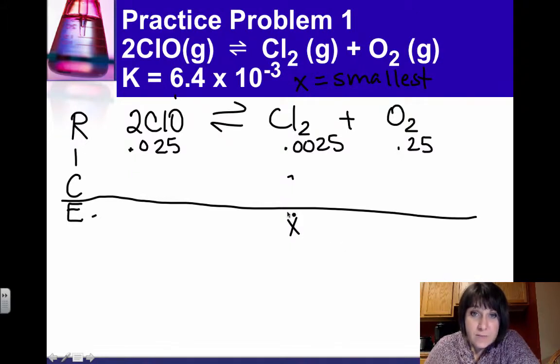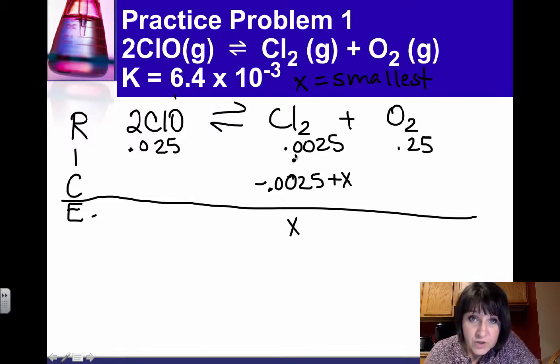So that means if I have negative 0.0025 plus x for my change, then I'm going to use up all my chlorine and gain just a little bit. That's how I add initial plus change to make equilibrium, by adding the initial plus a negative 0.0025 plus x.